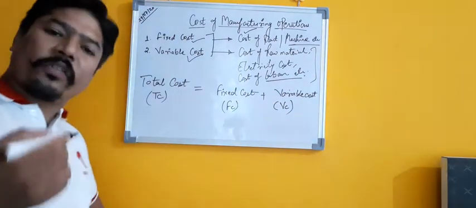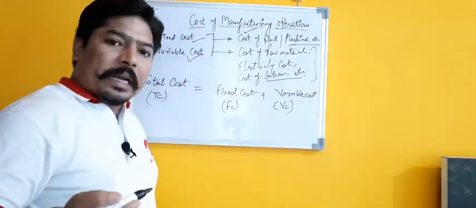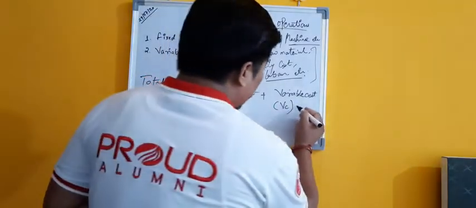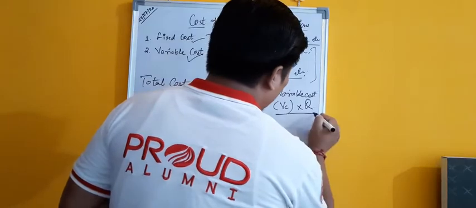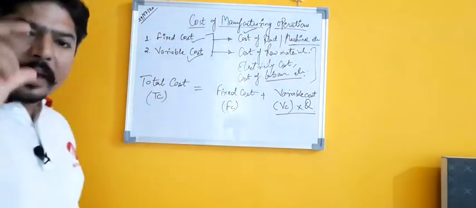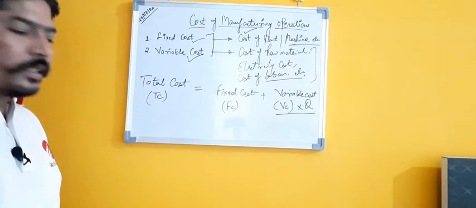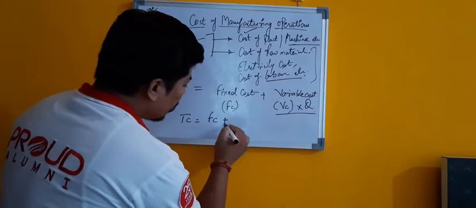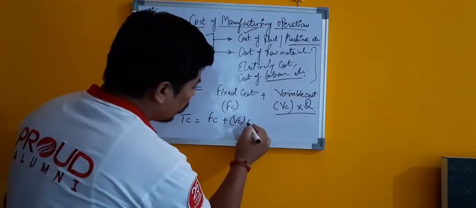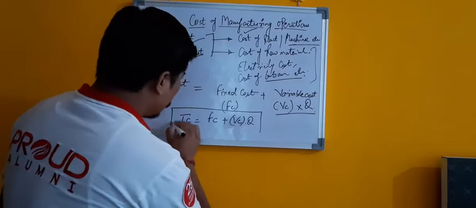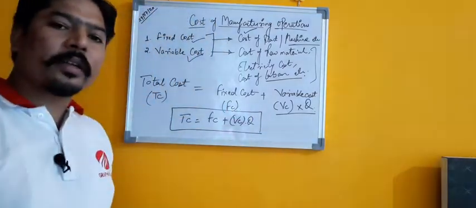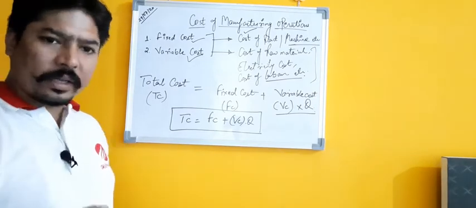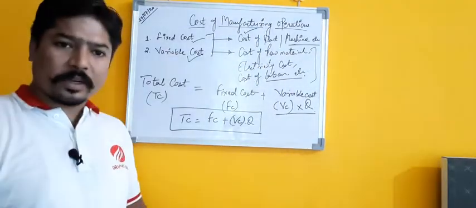And variable cost will depend on product to product, component to component, and part to part. So it means variable cost into the quantity Q of a component or part produced in that particular manufacturing facility. So your total cost TC will be FC plus VC into Q. This is how you can calculate the total cost of that particular component or product in your manufacturing facility. Okay, I hope you understand this topic.